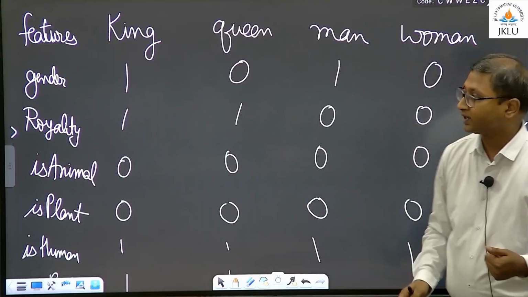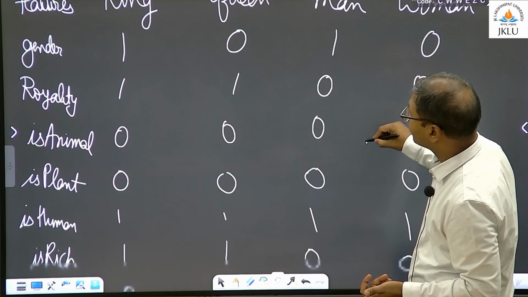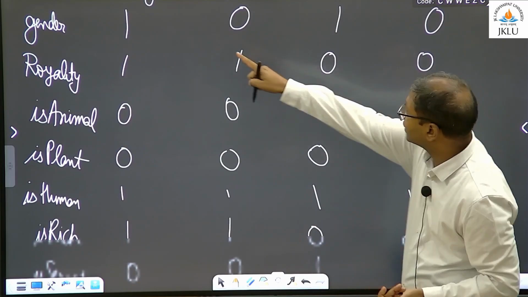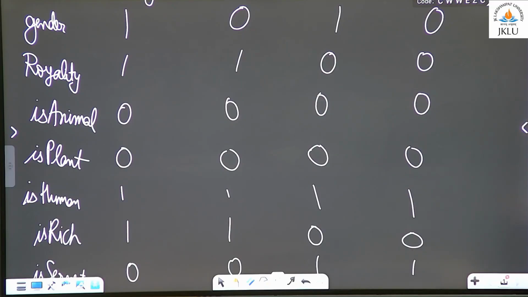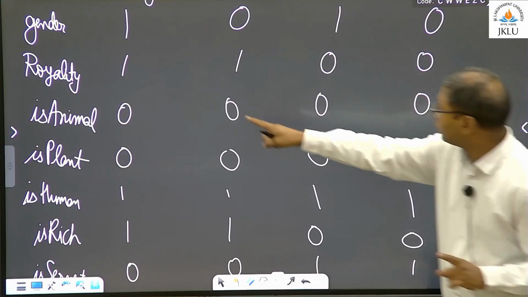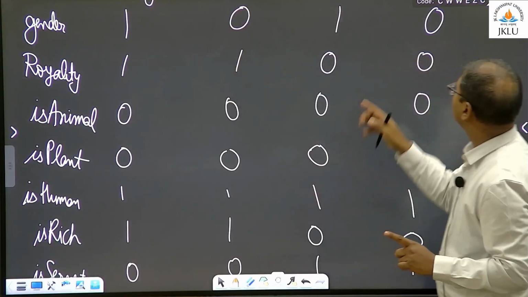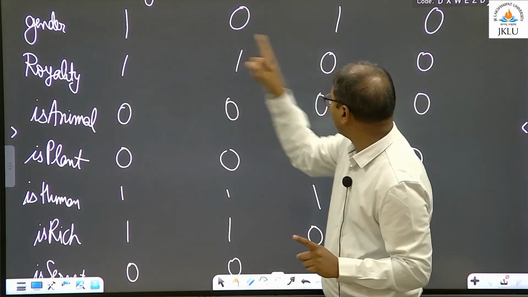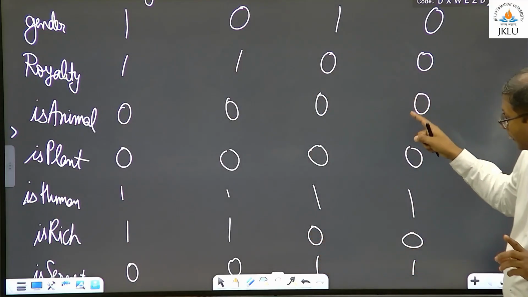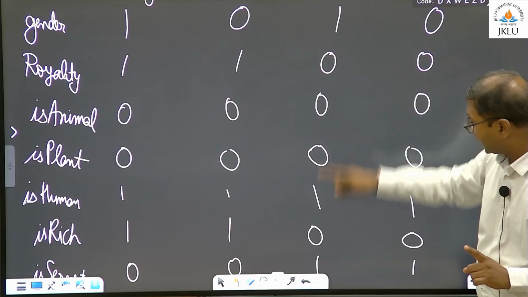Similarly for queen. Now let's try to see this. So this is the feature vector for king, queen, man, woman. Which ones are closer? King and queen differ only at gender. Similarly, man and woman differ only at gender, but king and man differ in is rich, royalty and servant.